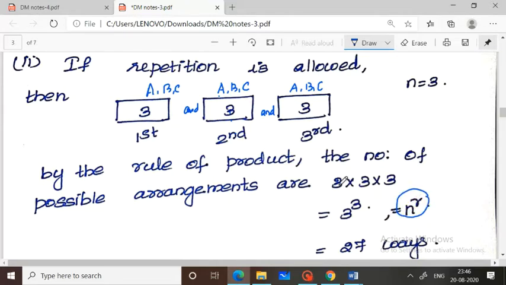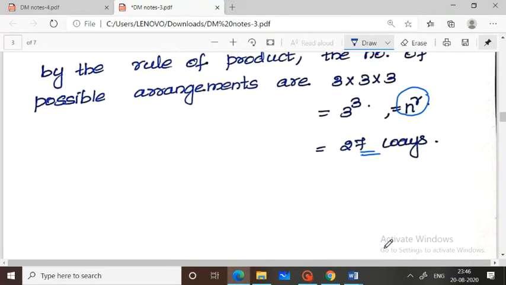That means 3 into 3 into 3, so the answer is 3 raised to 3, or in short n raised to r, which is equal to 27 ways. This is the second part.